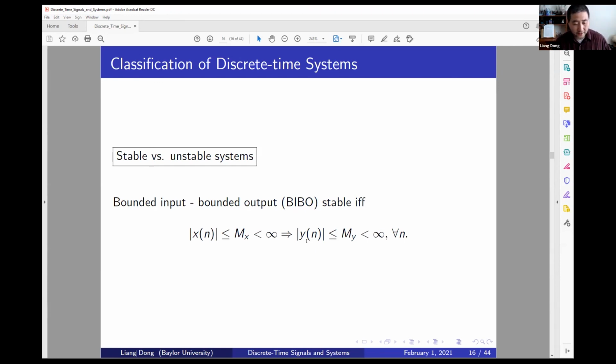The output is infinitely large. One answer is the previous example I gave you, the accumulator. The accumulator is adding infinitely many things. I'm adding the current input and infinitely many previous inputs. So even though each element of x[n] can be a finite number, you are adding infinitely many terms. So there is a possibility that the output y[n] will be infinitely large, and that will give me an unstable system.